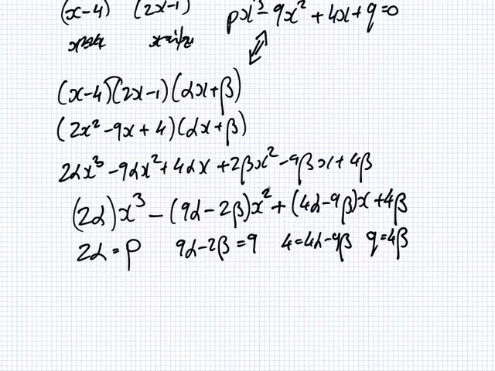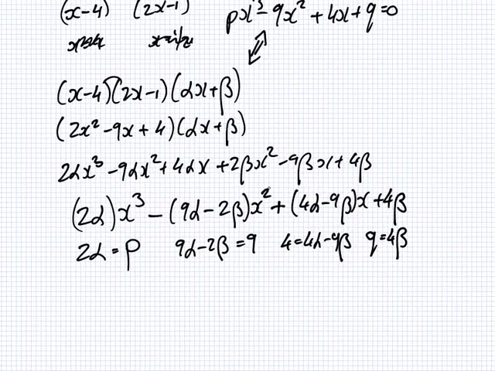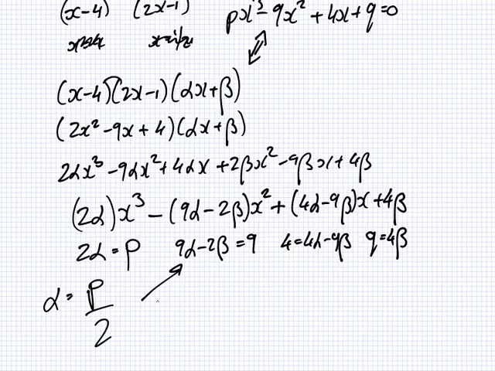Now, do we have enough here if I'm looking for p and q? Well, I have 4 equations, and I have alpha, beta, p, and q. So, in theory, it's possible. Now, we're only looking for the p and the q. I don't care about the alpha and the beta. So, for example, here I could say alpha equals p over 2, and I can put that in here and here.